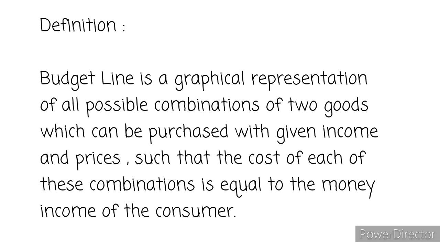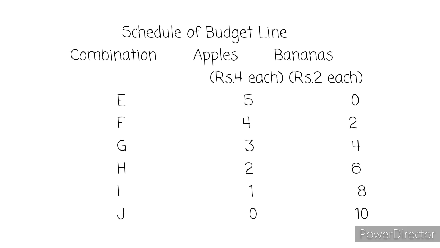So let's see the diagrammatical explanation. Let us take a schedule of combinations E, F, G, H, I, J. Apples cost rupees 4 each, and the quantities are 5, 4, 3, 2, 1, 0. Bananas cost rupees 2 each, and the quantities are 0, 2, 4, 6, 8, 10.